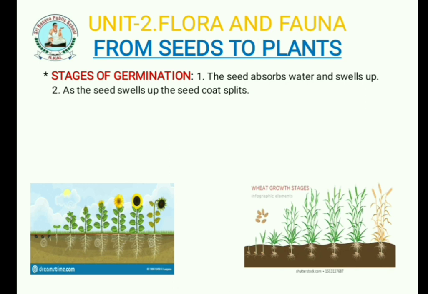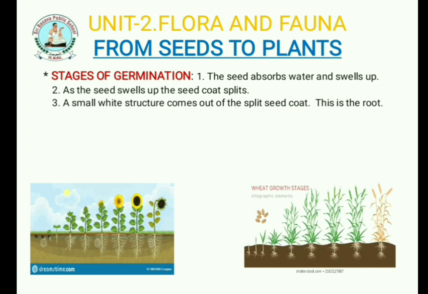The seed coat automatically splits or falls away, because at that time the seed absorbs water and becomes big in size, or swells up, so the seed coat splits.